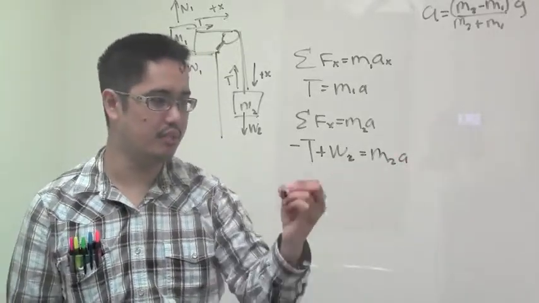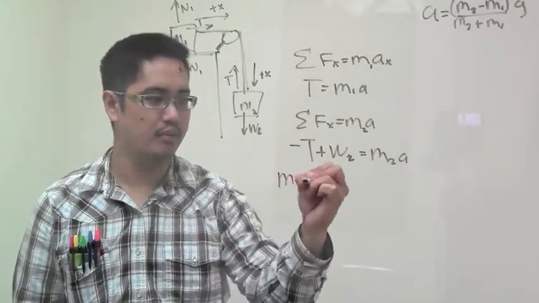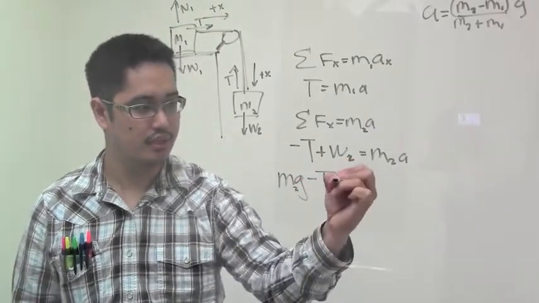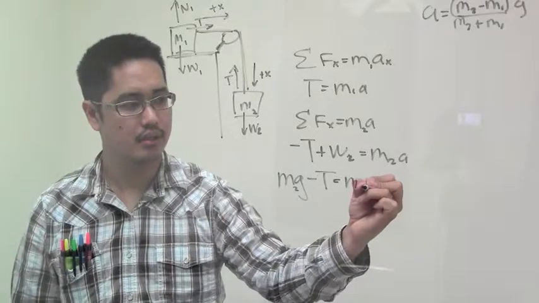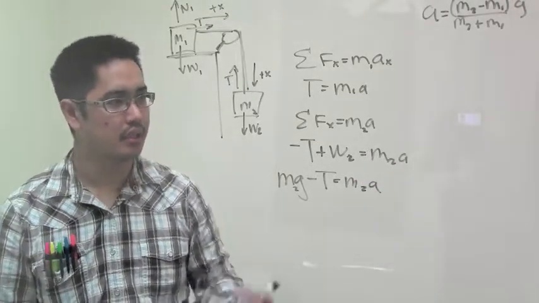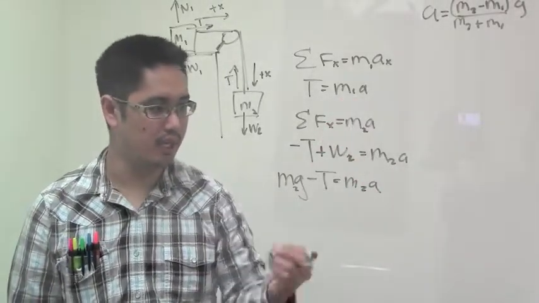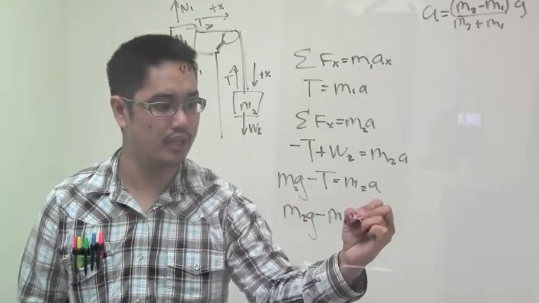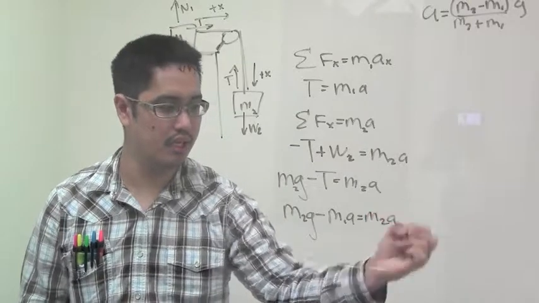W2 is mg, so I've got m2g minus T equals m2a, and T is actually m1a, so m2g minus m1a equals m2a.